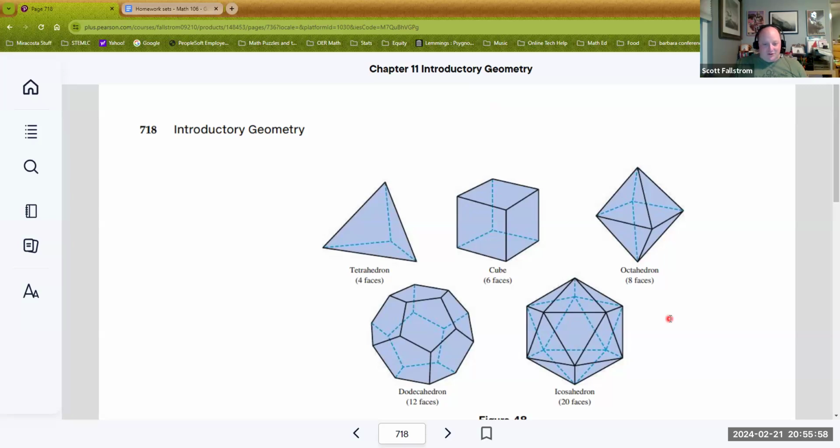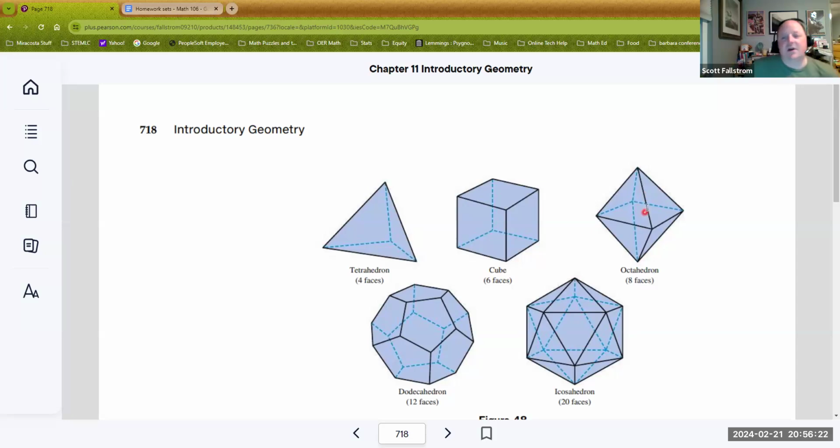One, a tetrahedron, 4 faces. If you look at the shape is equilateral triangles. There's a cube, Rubik's cube, cubes that dice, something like that. 6 faces, they're all squares. A square is a regular quadrilateral. Next one up is an octahedron. Once again, equilateral triangles.